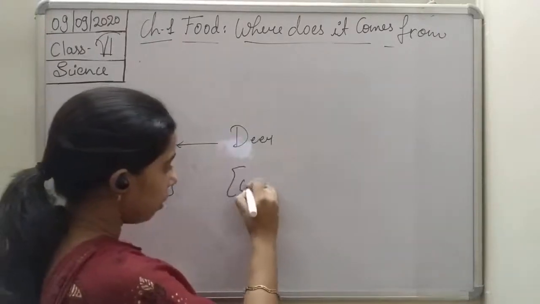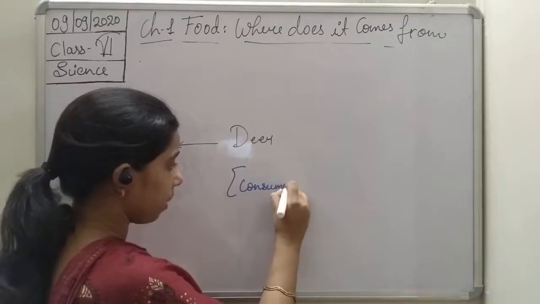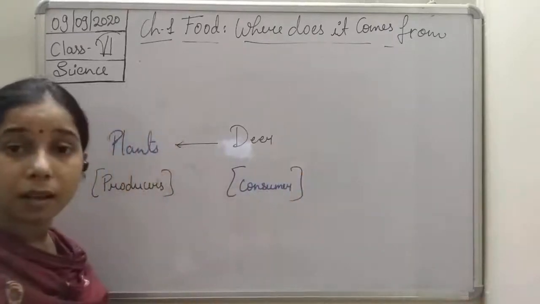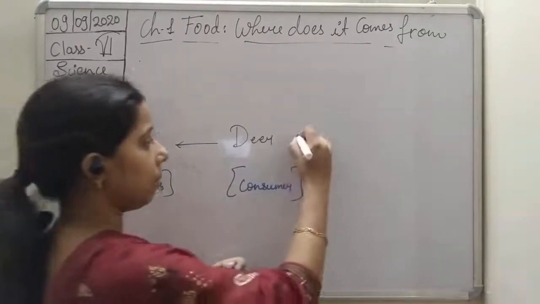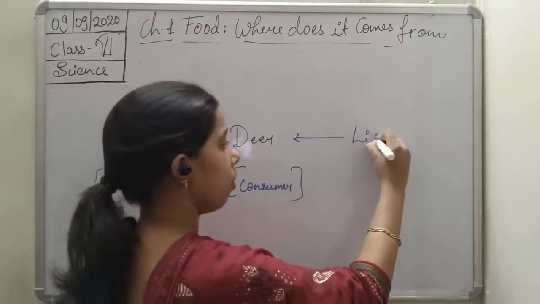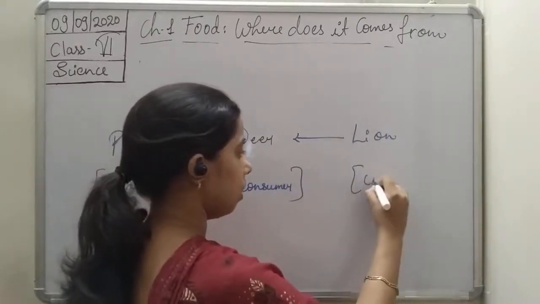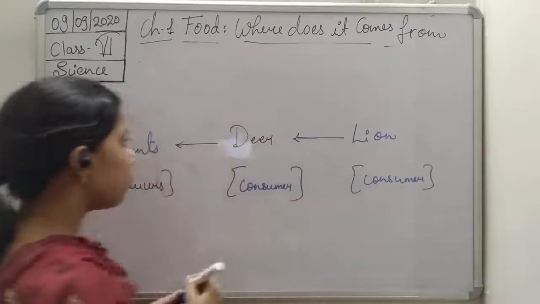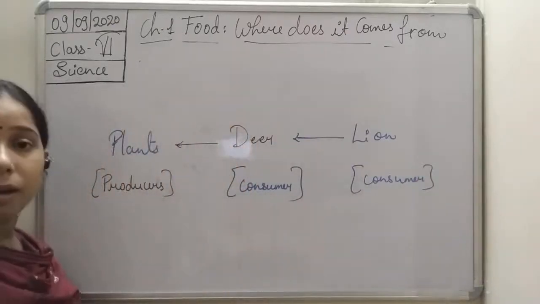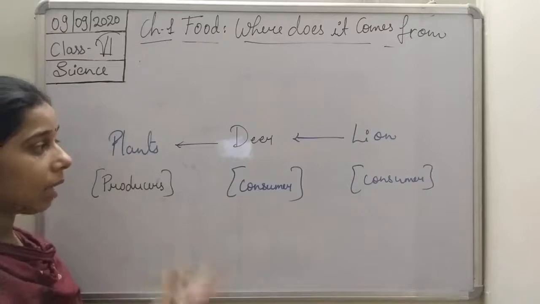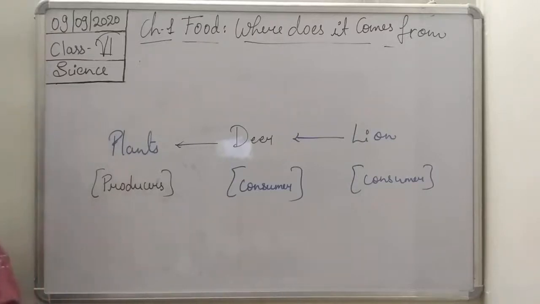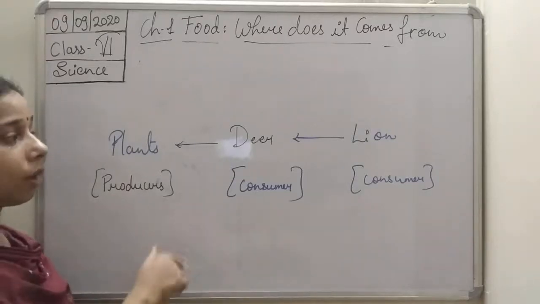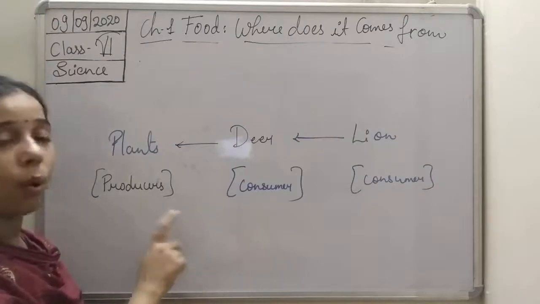So since it will eat the other one, that is known as consumer. Now this deer will be eaten by lion. So lion will also be a consumer. So you see here, student, one is the producer which is producing the food and the other one is taking the food. It is consuming the food from the other organism and that is why they all are the consumers.